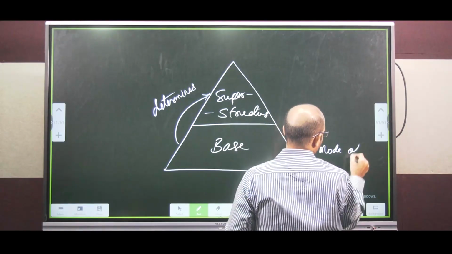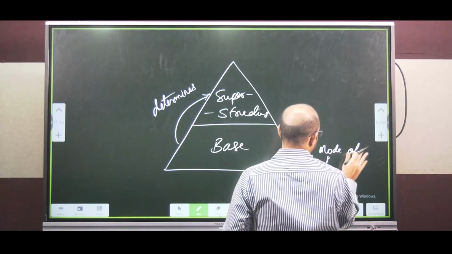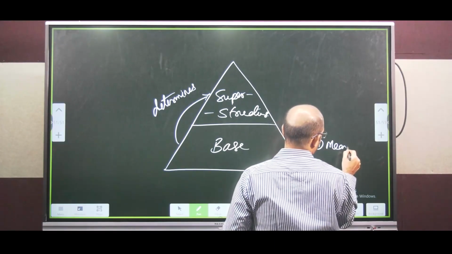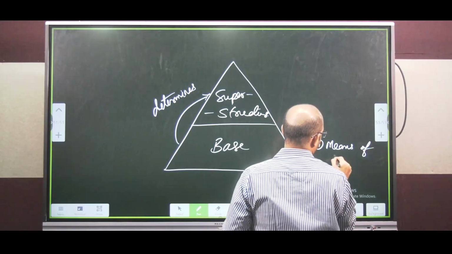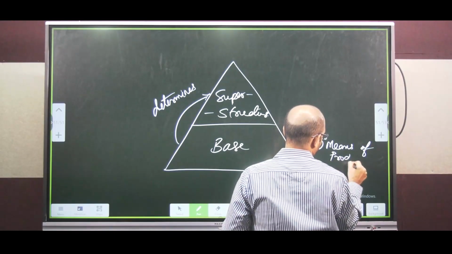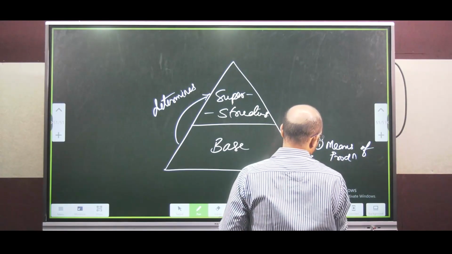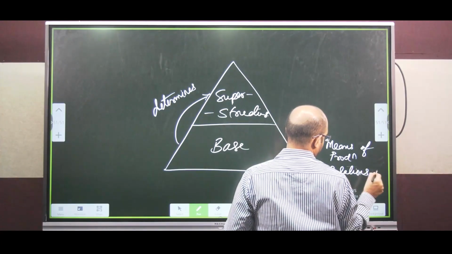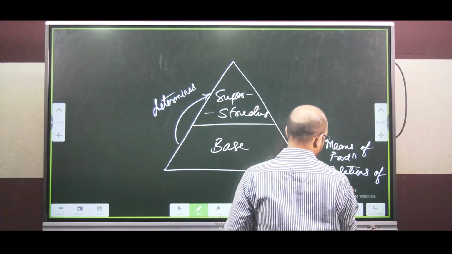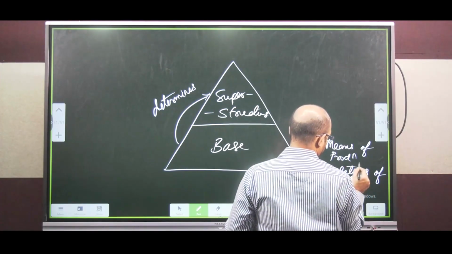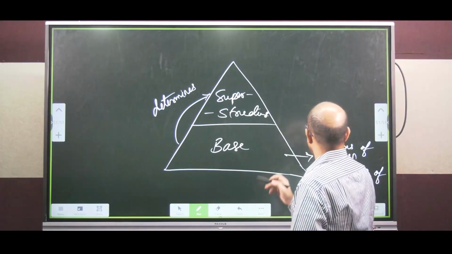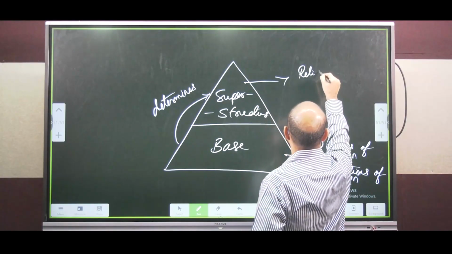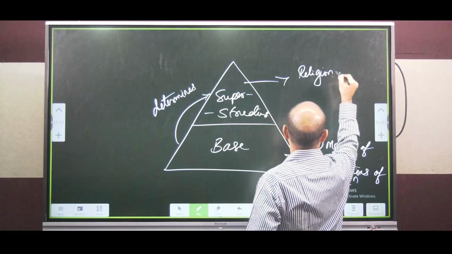Base involves two things. One, means of production. Two, relations of production. And superstructure involves things like religion.